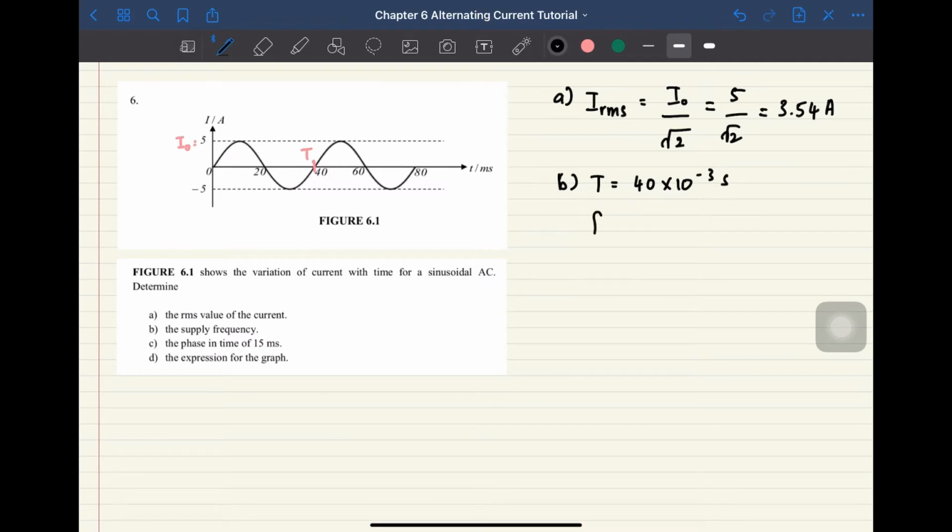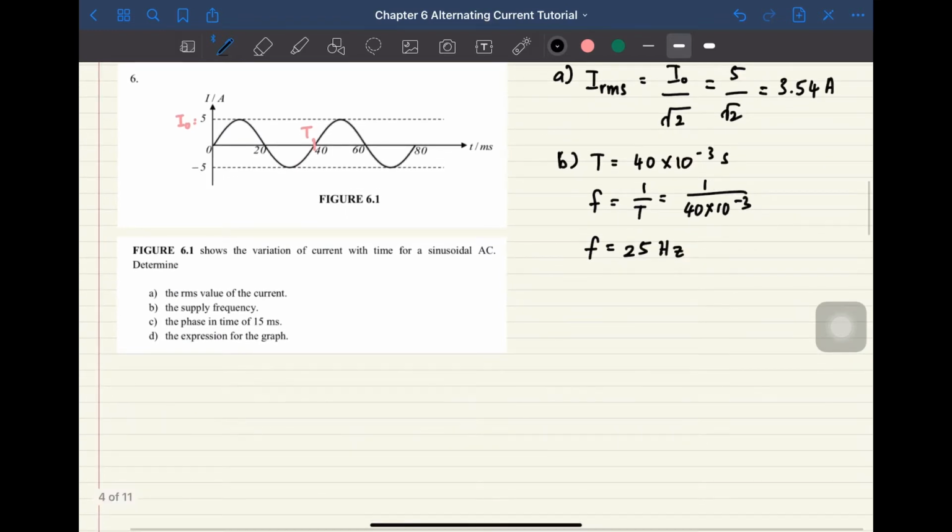So the frequency will be 1 over T, so this one will be 25. The unit will be hertz. So you can see from the graph here, you can determine the period, and then from the period you can calculate the frequency.